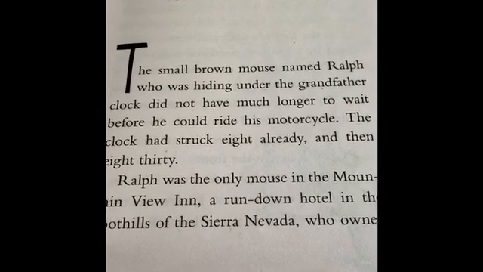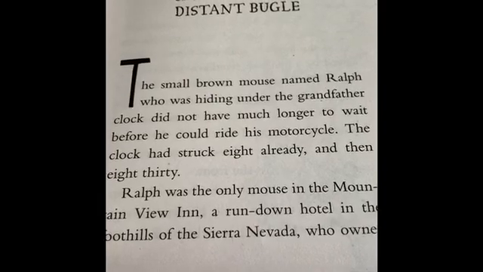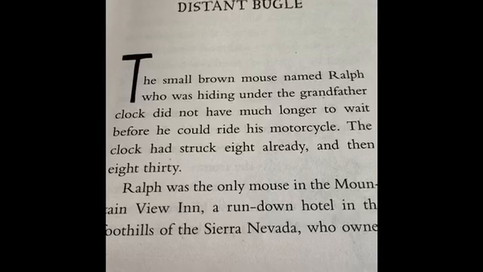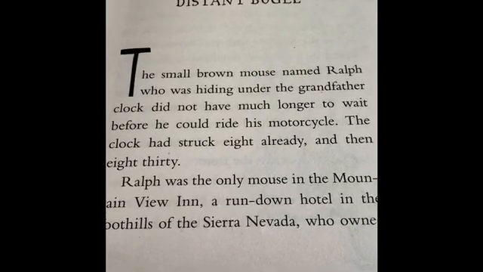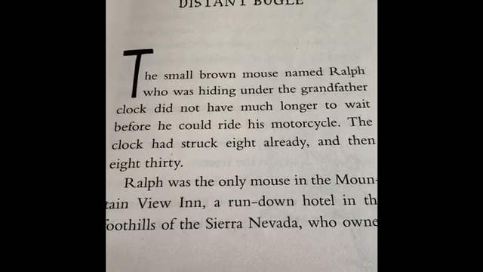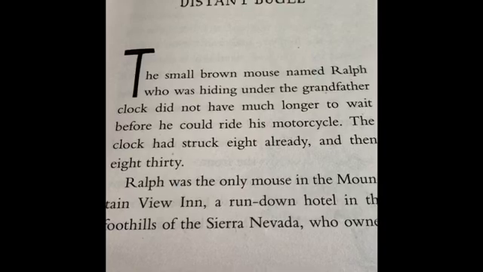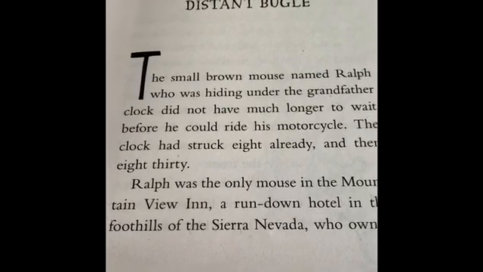Think about that. Now, Ralph will tell you about the hotel and things that he likes and places he likes to go. You'll read about his favorite room. And you'll also read about how he protects himself when he rides his motorcycle. You see a picture of it on the front of our book.